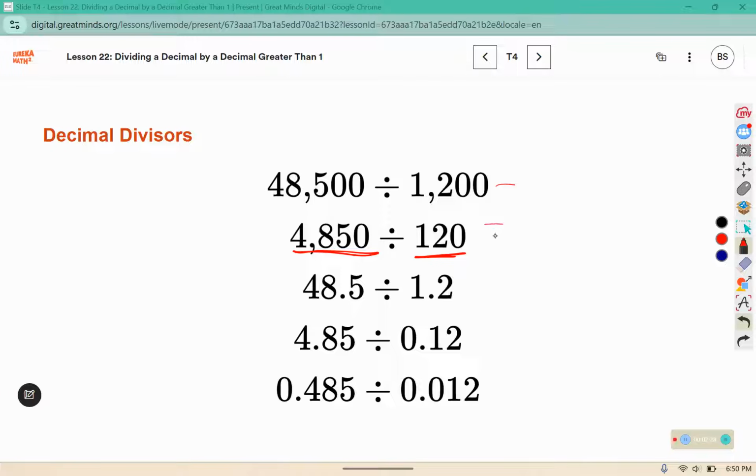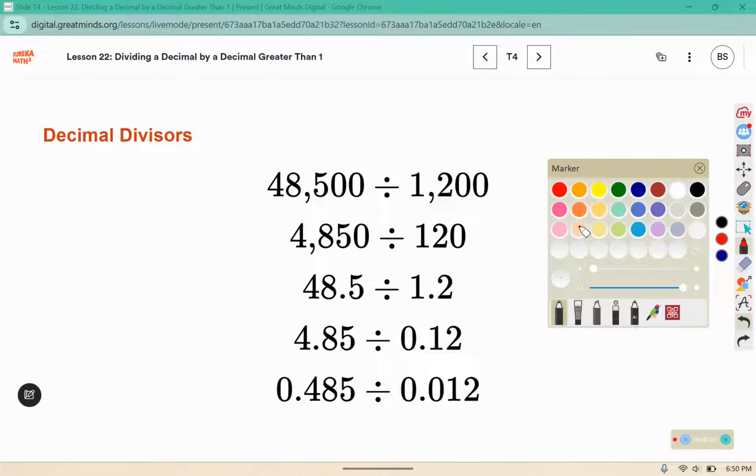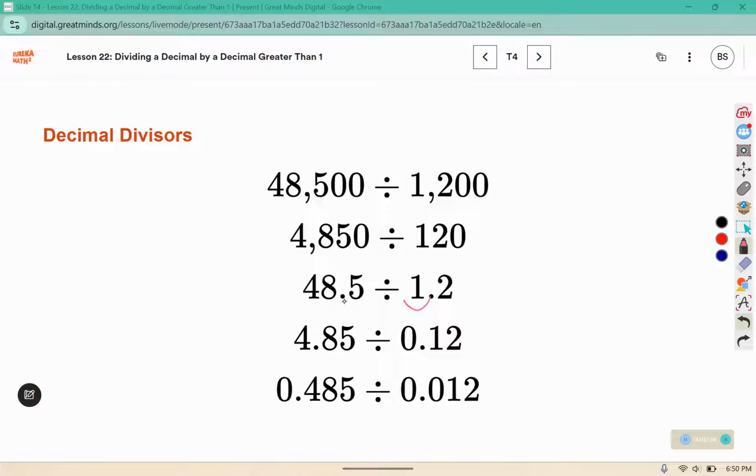So these are equivalent to each other. Then they move that decimal 1 to the left and 1 to the left for this expression. So those are equivalent. And they moved these to the left and to the left to get this expression. So every single one of these expressions are equivalent to each other.